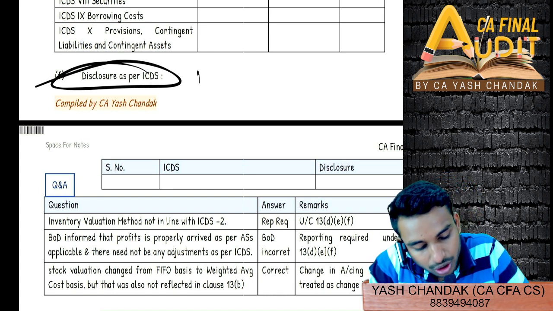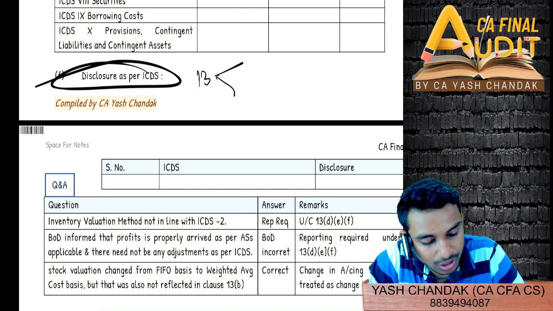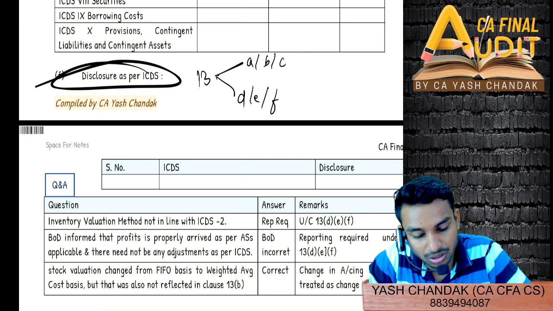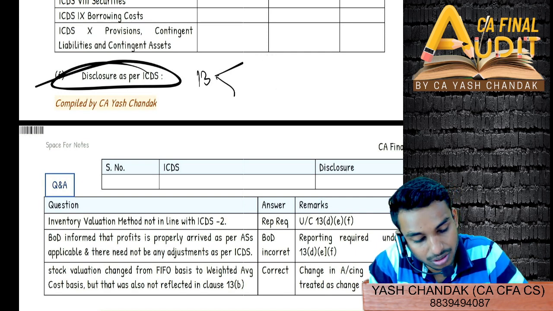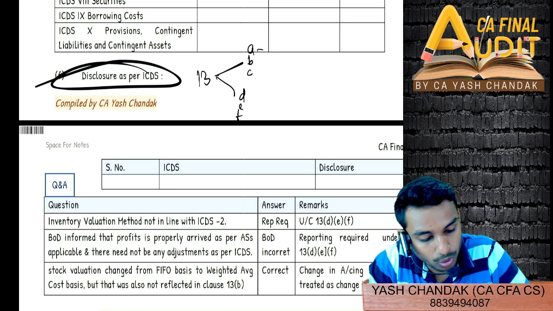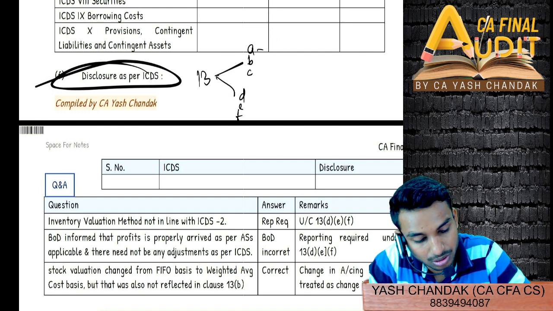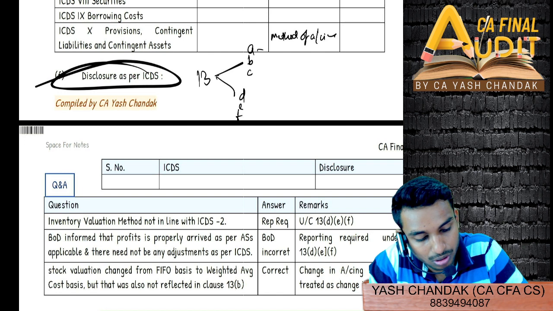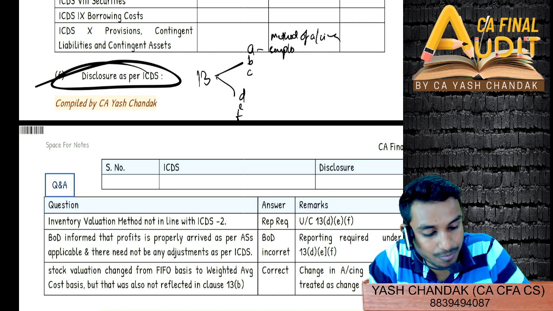So the 13th clause you have to bifurcate into two parts, A, B, C, D, E, F, right? A was the method of accounting employed, changed, effect on profit and loss.